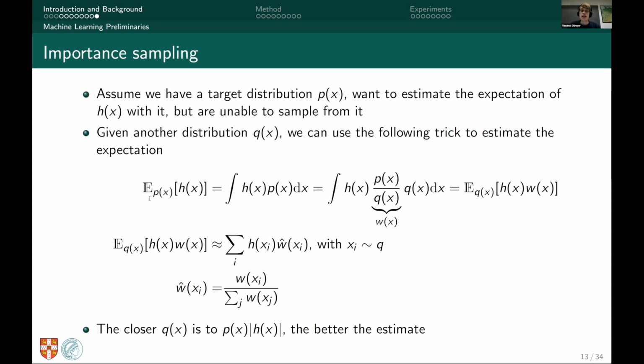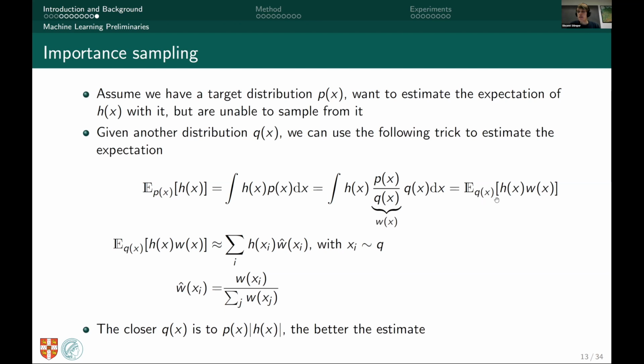So we would like to estimate this expectation here, which can be written out as an integral. And then we just include this factor 1, Q over Q. So Q will cancel out, but we write it as an integral over Q of x, and in addition to H of x, we have this additional term P over Q, which we call our importance weight.